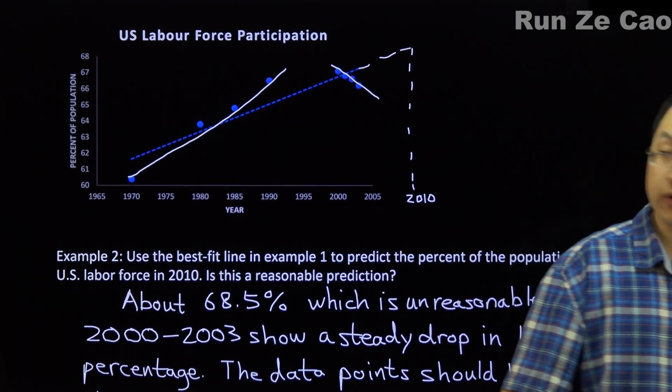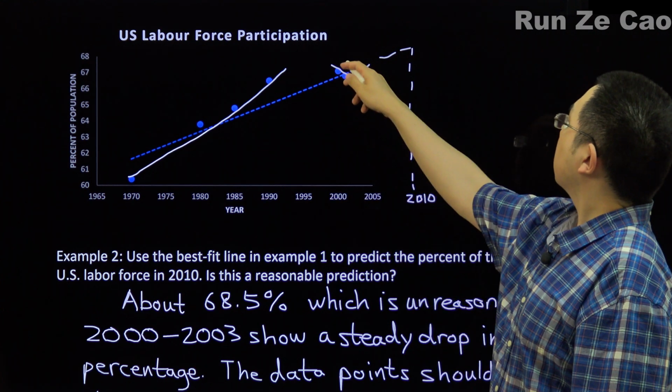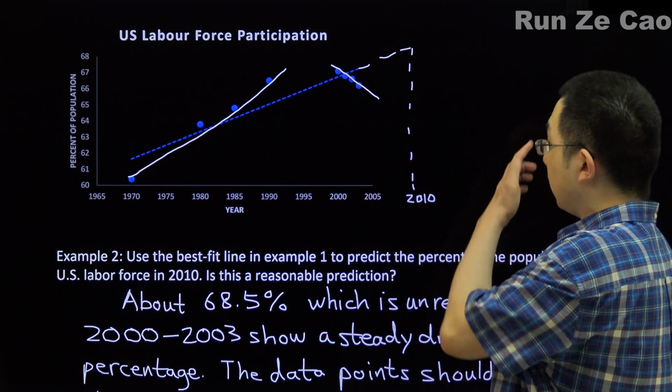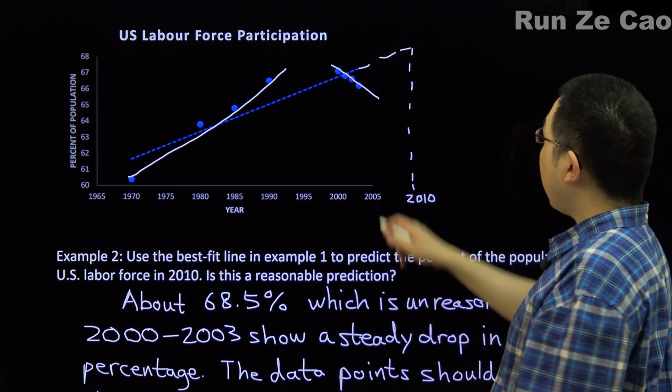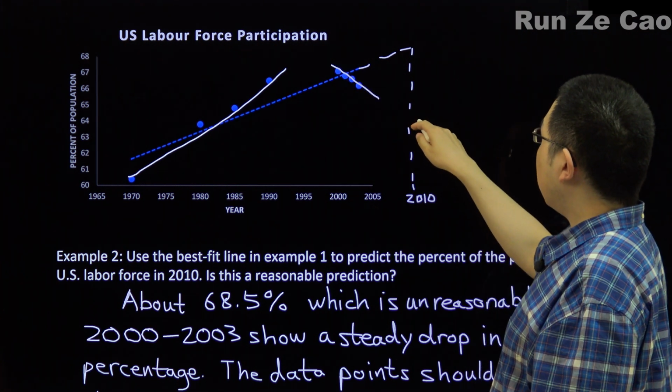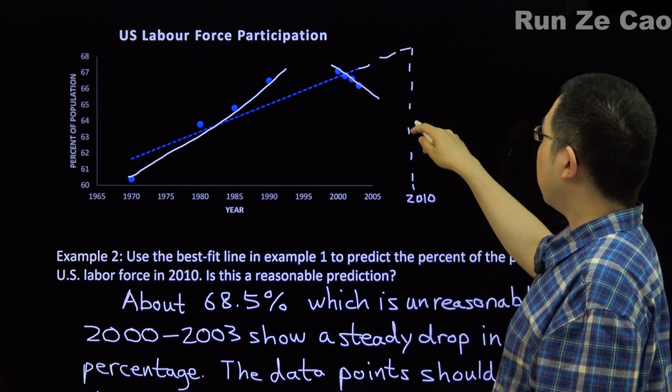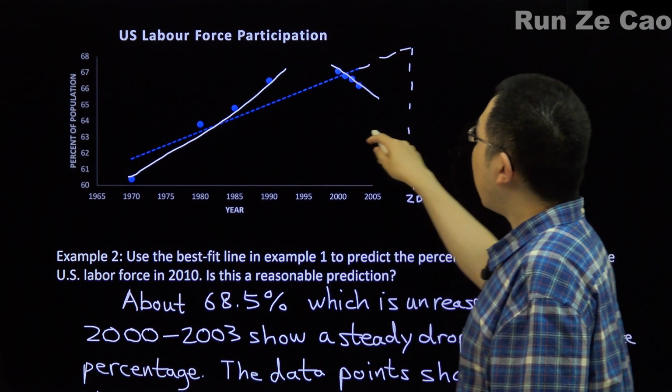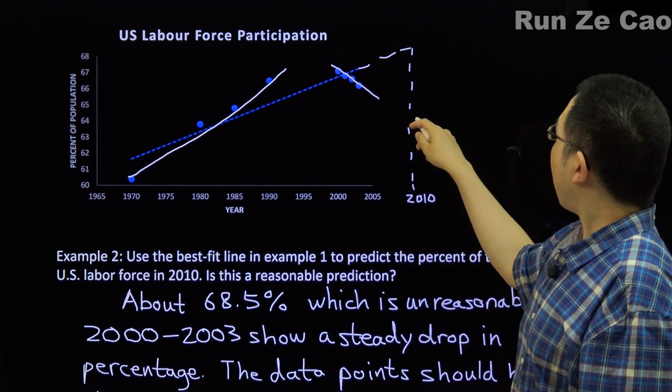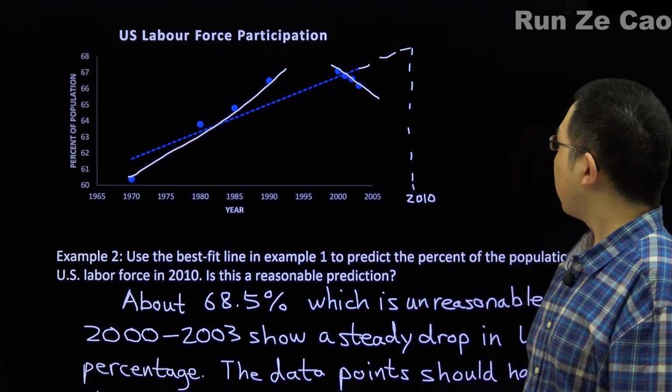Because it seems to be going up, and then here it's going down. And if we go by the trend line downward, it would be somewhere in the neighborhood of 64%-ish around 2010.